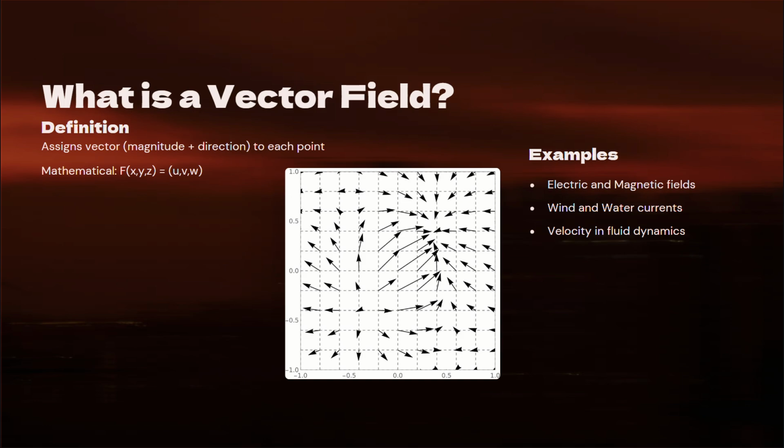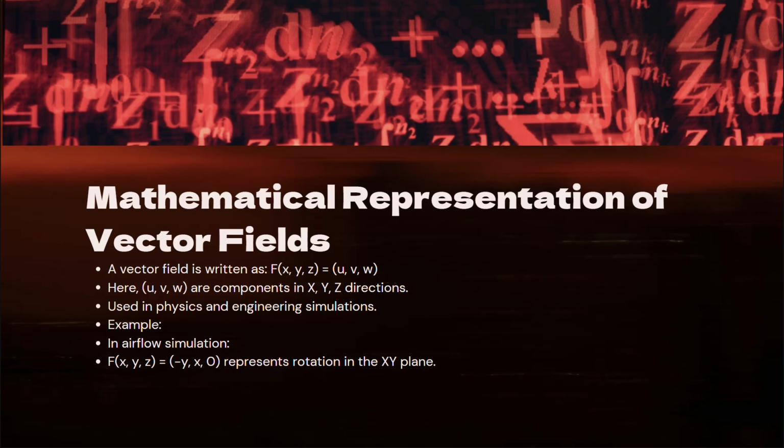Now let's learn about it mathematically. Mathematically, a vector field is written as F of x, y, z equals (u, v, w). Here, u, v, w are the components of the vector in 3D space. Let me give you one example.